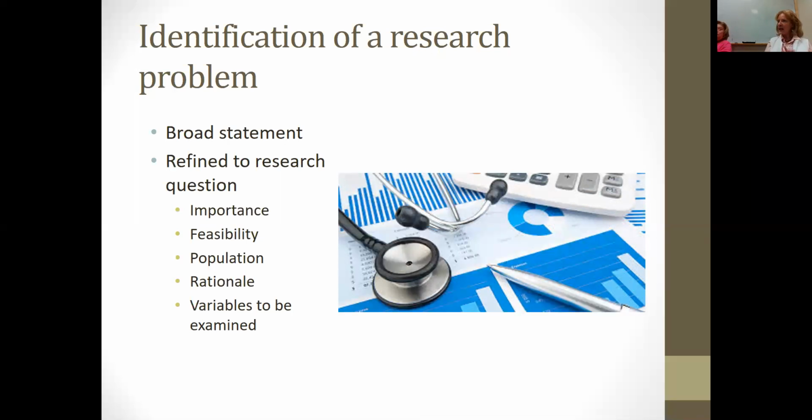So her population that she's decided to focus on is the new grads. The new grads who are coming in, who she's orienting anyway, who are energetic, enthusiastic, she thinks will be more open to this change. So it's important, it's feasible, and she has a population where she thinks it might be more acceptable. Do you have thoughts about the rationale for why this is so important to you?